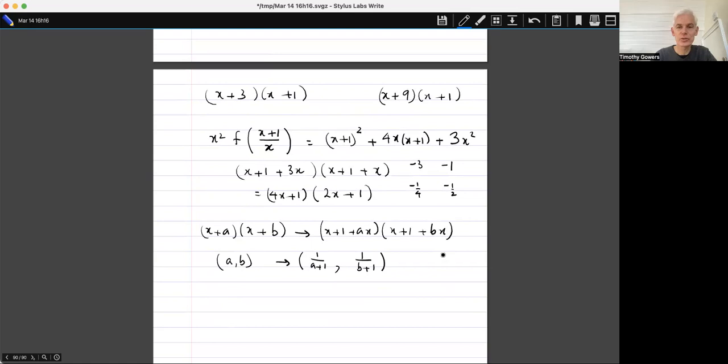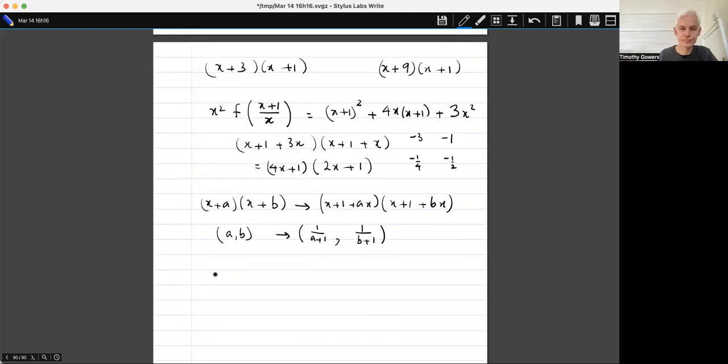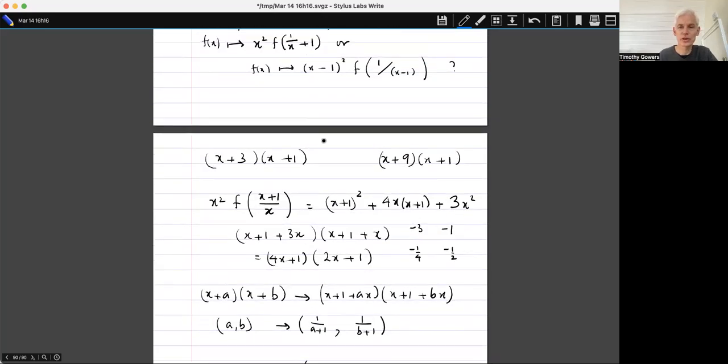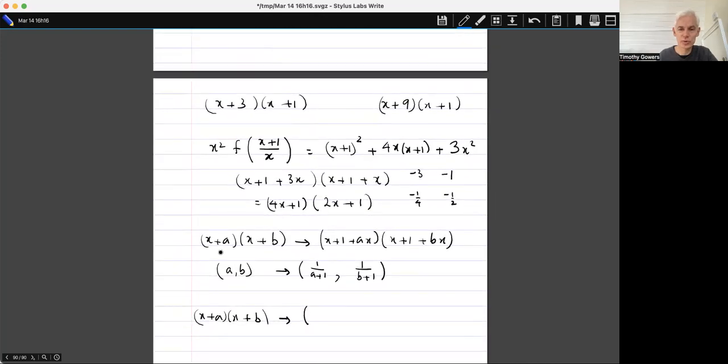So now let's try and do a similar exercise with the other operation. So it's x plus a, x plus b goes to, now it was x minus 1 squared times f of 1 over x minus 1. So f of 1 over x minus 1 is 1 over x minus 1 plus a, but I get to multiply by an x minus 1.